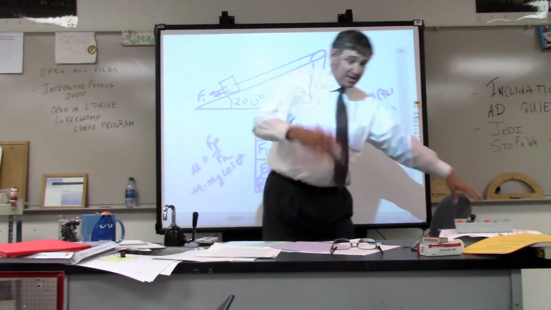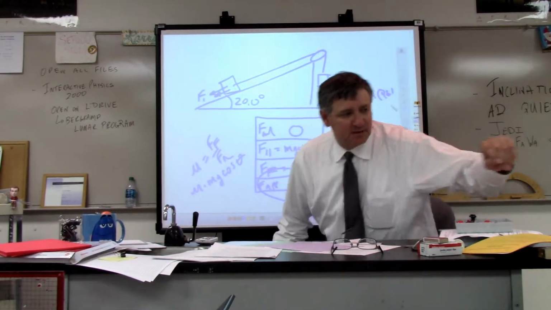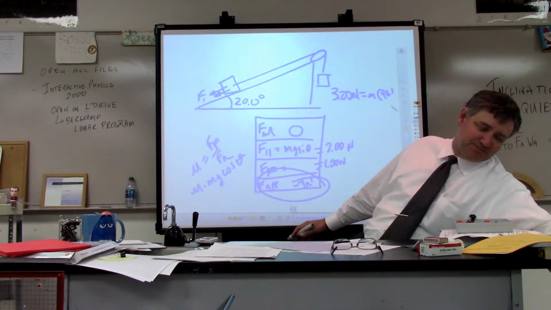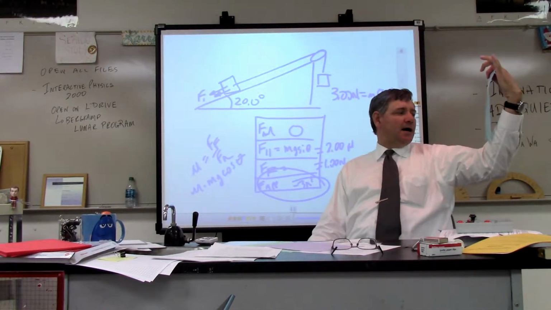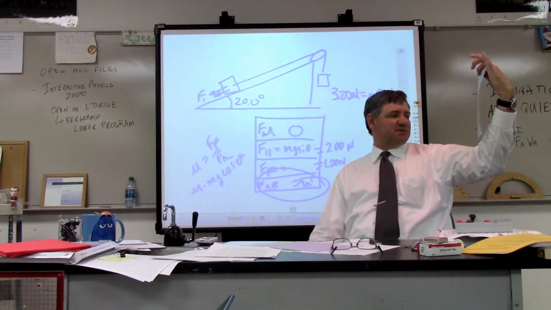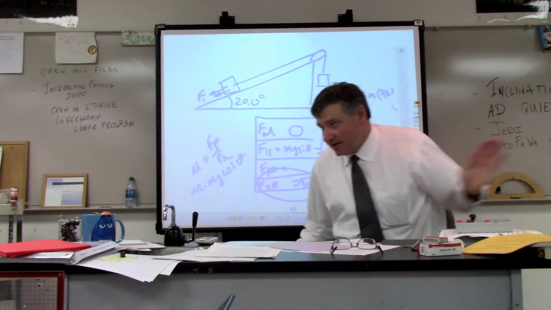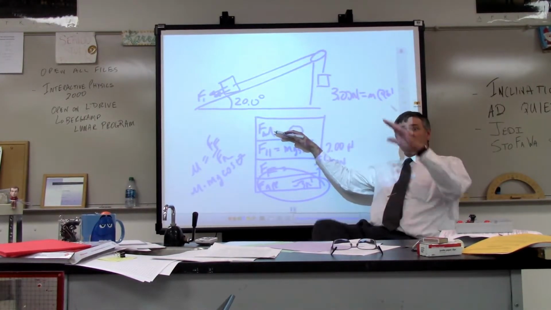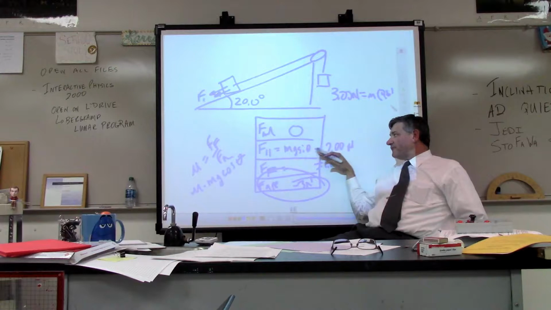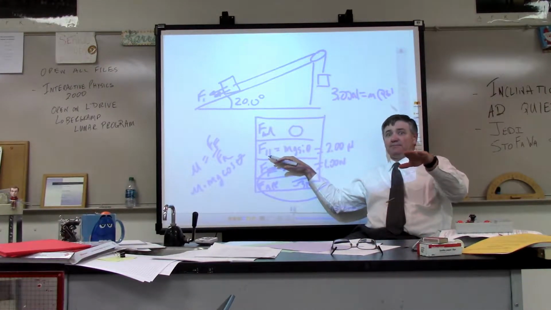Now, let's talk about the next one down on number 3. If you look on number 3, what mass must be suspended from the string so this block will slide down the inclined plane? Now here's the deal. Because it's sliding down, does that change anything about my force parallel?